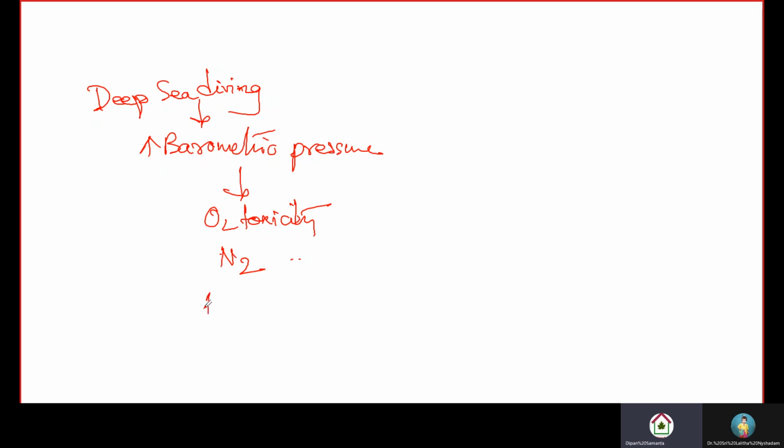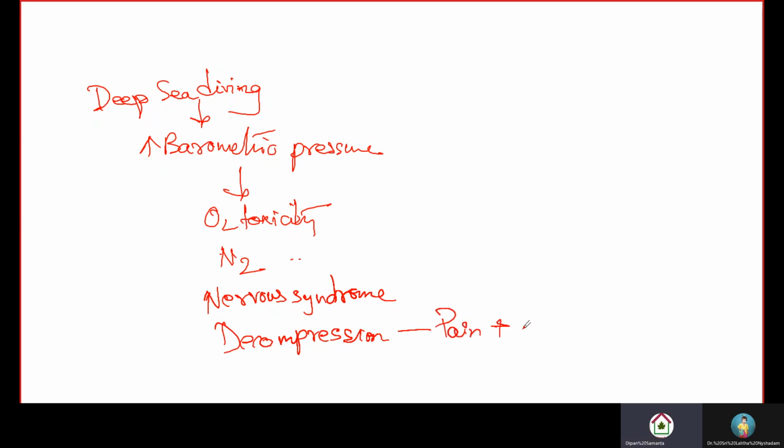High pressure nervous syndrome, tremors and somnolence. Decompression sickness, very important. Pain plus paralysis, this is also an important MCQ. Decompression syndrome is characterized by this during deep sea diving, and air embolism.